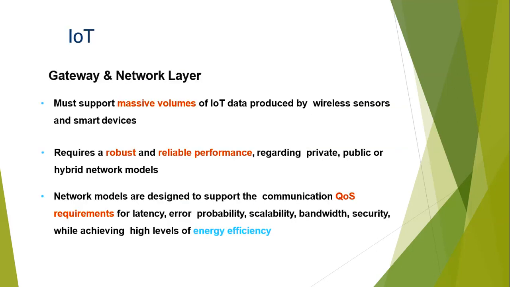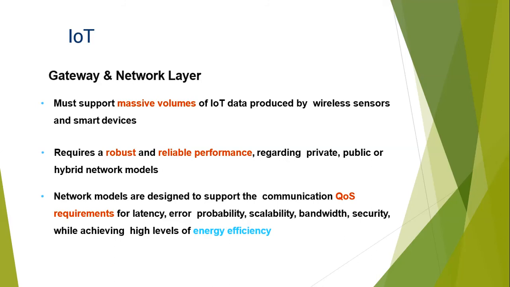the gateway and network layer, layer 2, must support the massive volume of IoT data produced by wireless sensor networks and smart sensor devices. It requires robust and reliable performance regarding private, public or hybrid network models.